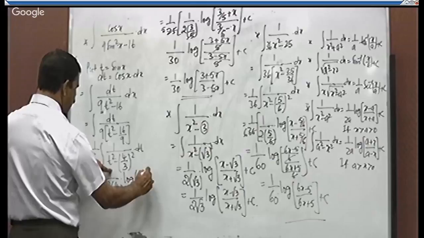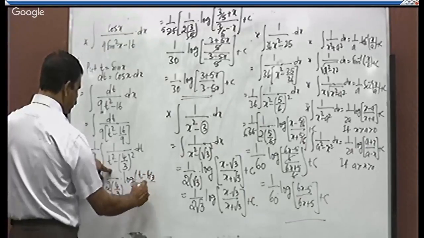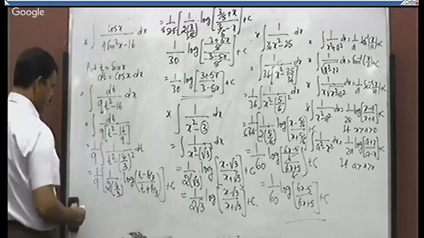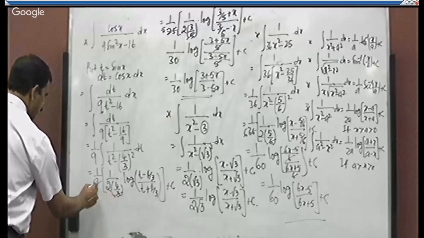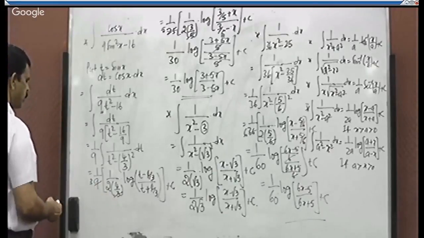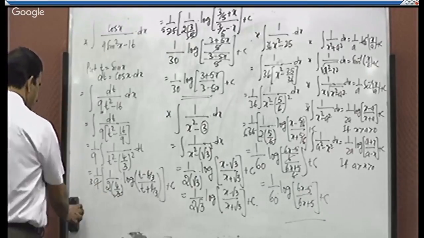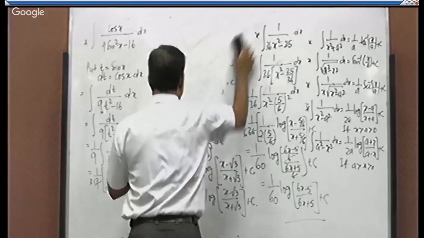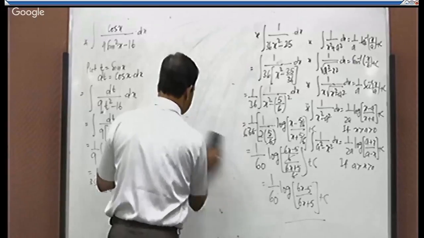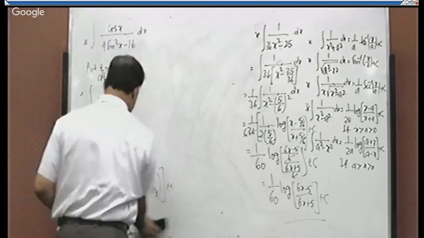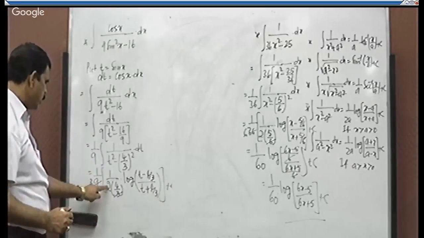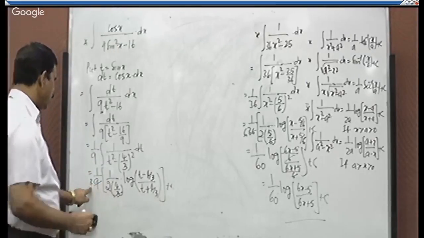T. Minus a is 4 divided by 3, divided by t plus 4 by 3 plus c. Right? This 3, this 9, we can cancel it. 3 ones are 3, 3 threes are 9. What is remaining? The remaining is 1 by 3 into 1 by 2 into 4. 4 2s are 8.